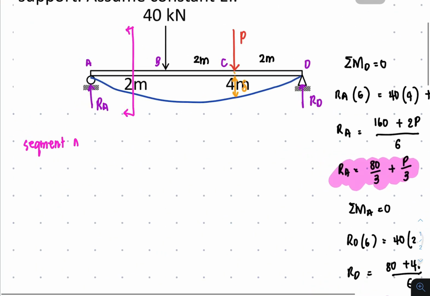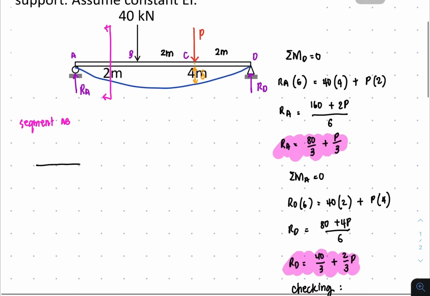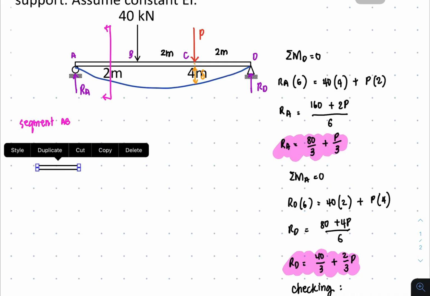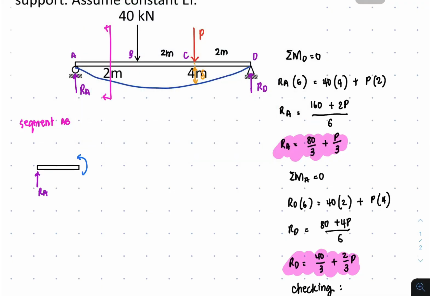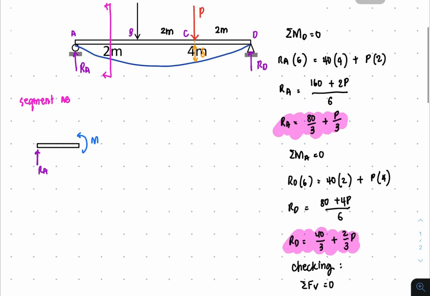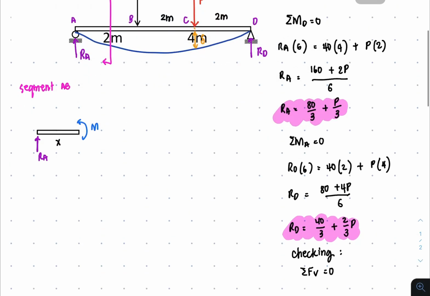So segment AB, and then what we're gonna do here is draw the section. So say this is the section, and then I'll place here the reaction RA, and at the point of cutting, of course, we're gonna have M, and then this will be Rx.